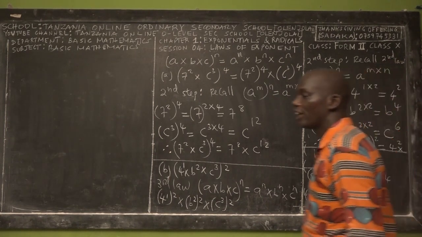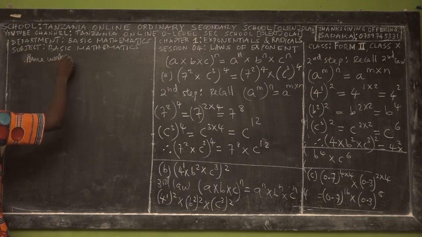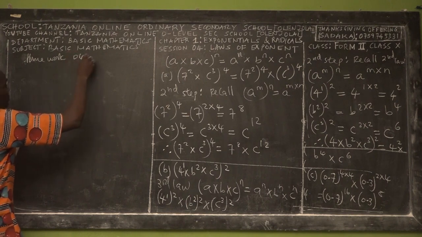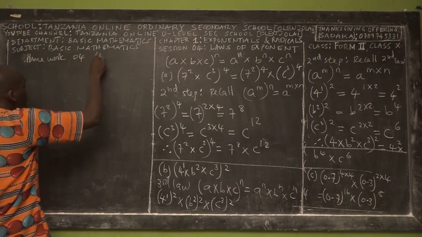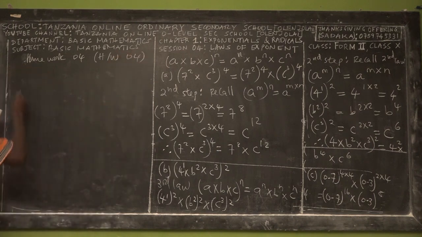Okay, so now it is time for the homework. I'm about to end session 4, titled laws of exponents, or law of products of exponents. So we have homework, and this is homework 4. In numbering, this is example 14.